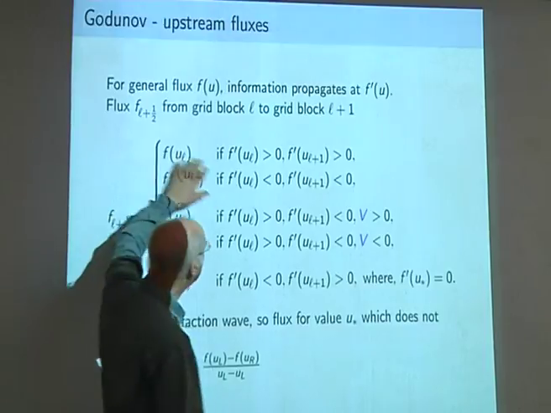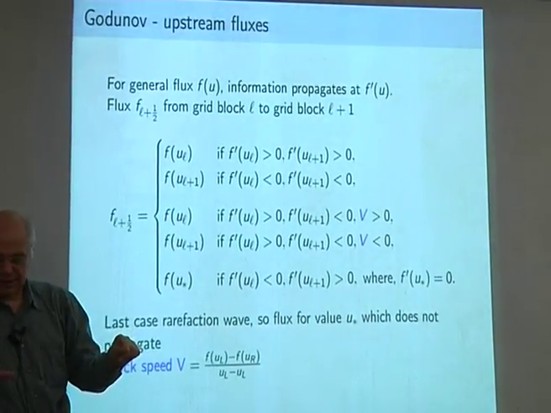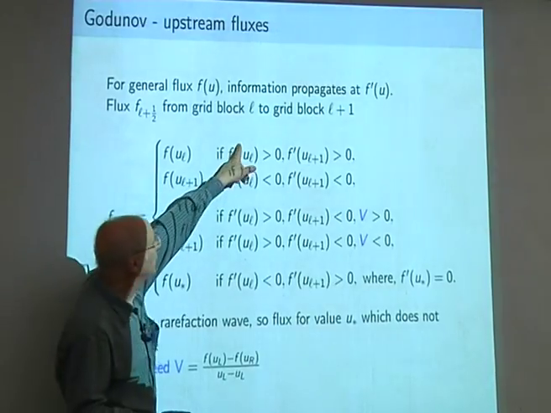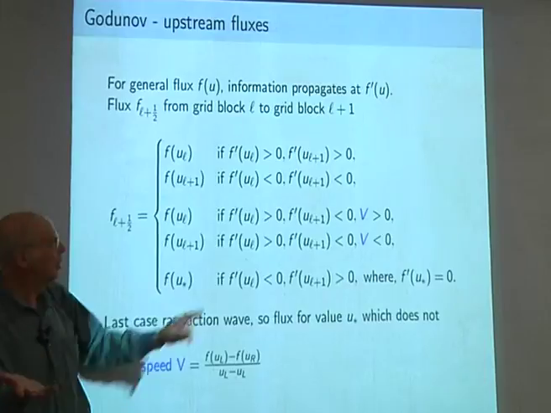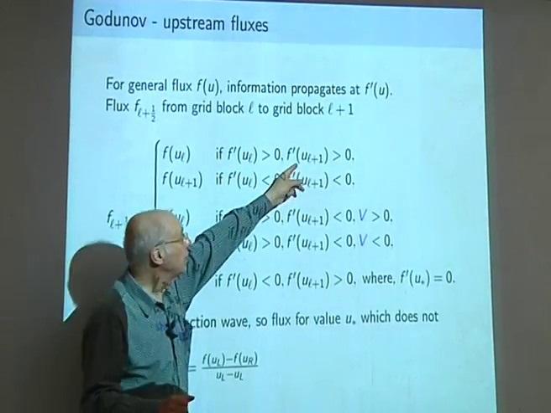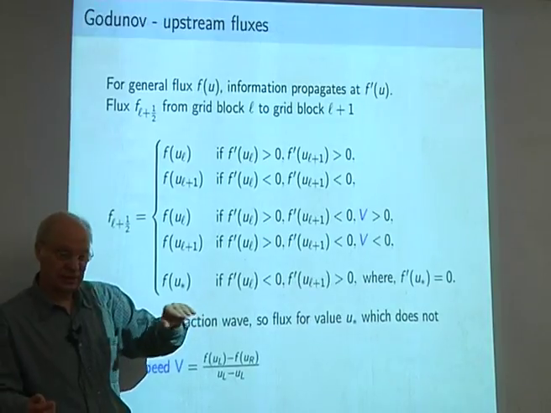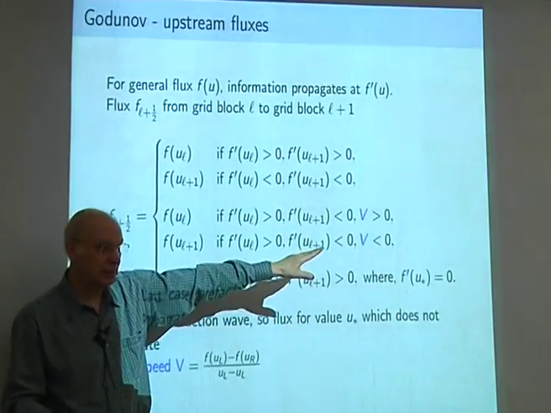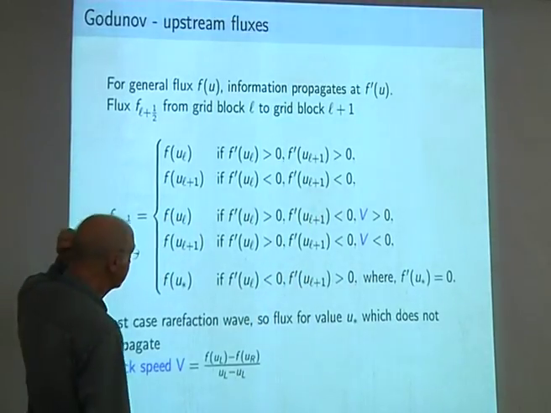So that's what this is saying. I want the flux according to this side if the speed of propagation of the information for that value is going that way, and if the information for the downstream one is going sideways. And this is just things going in the other direction.